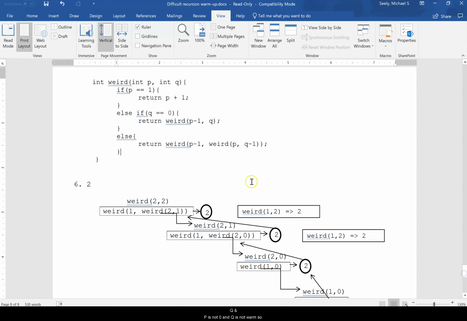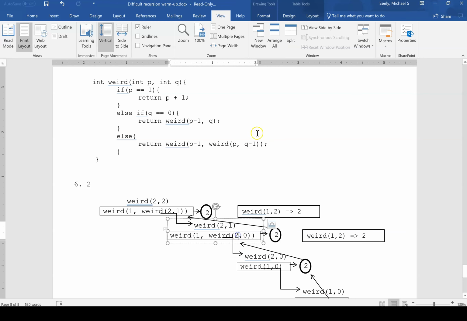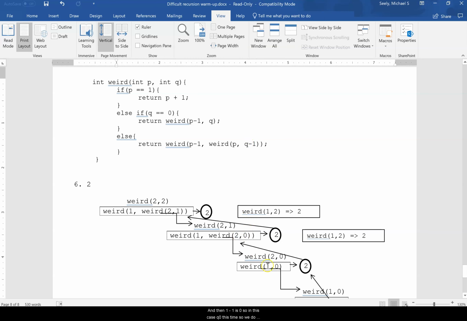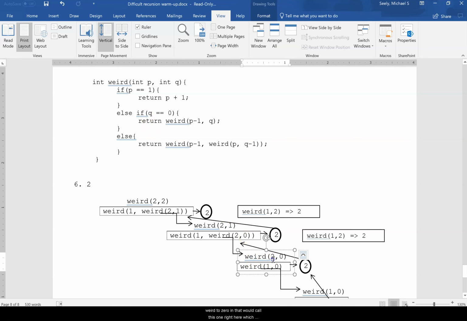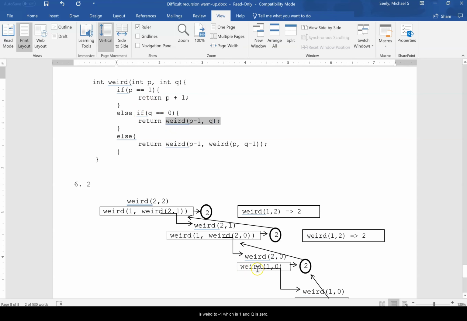So P is not 1 and Q is not 0. So 2 minus 1 is 1 right here, and what do we got? 2. And then 1 minus 1 is 0. So in this case, Q is 0 this time. So we do weird 2, 0. And that would call this one right here, which is weird 2 minus 1, which is 1, and Q is 0.